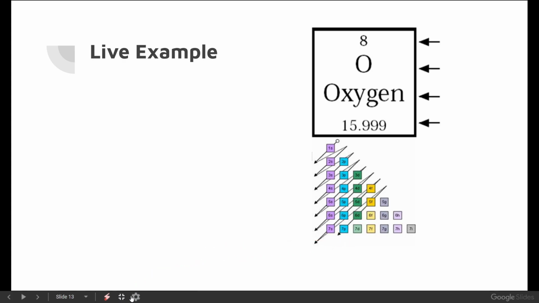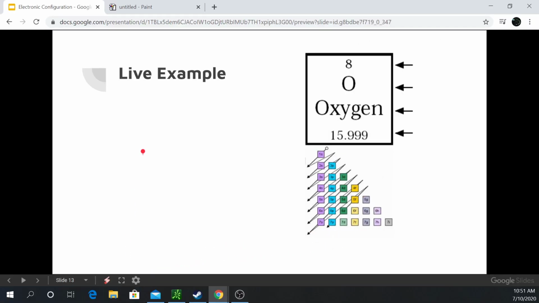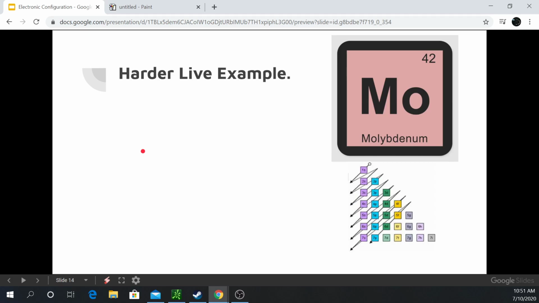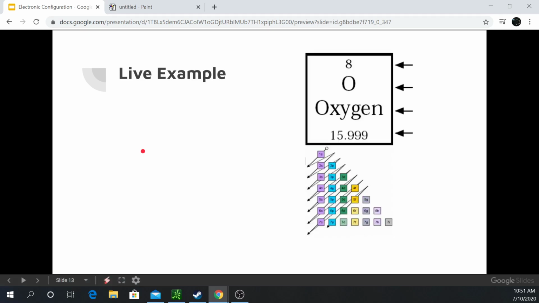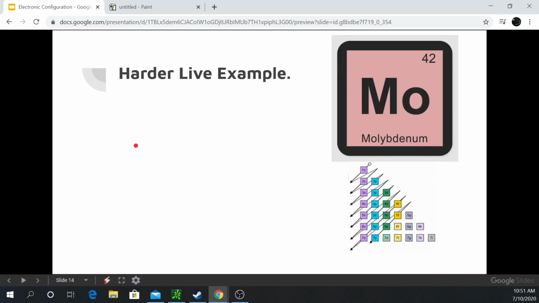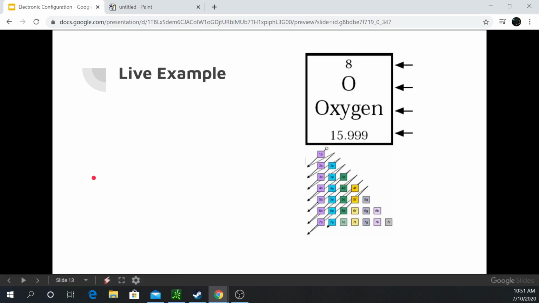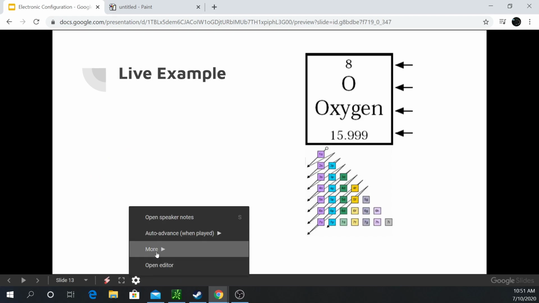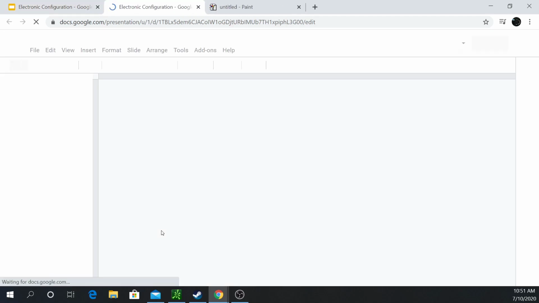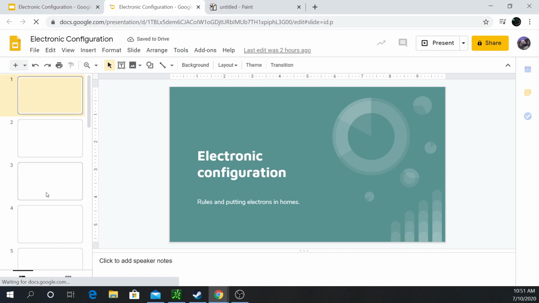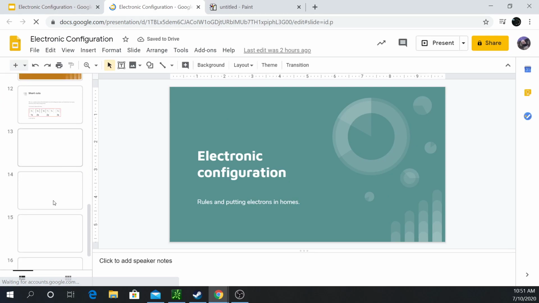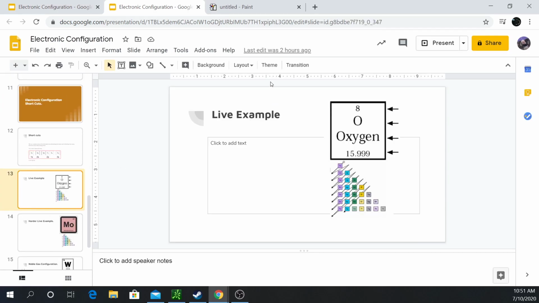So we're going to start with electronic configuration for oxygen. We have to go back to another slide. There we go.